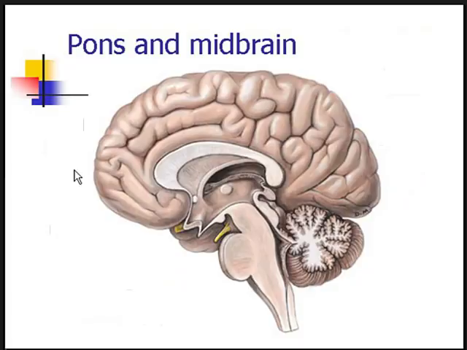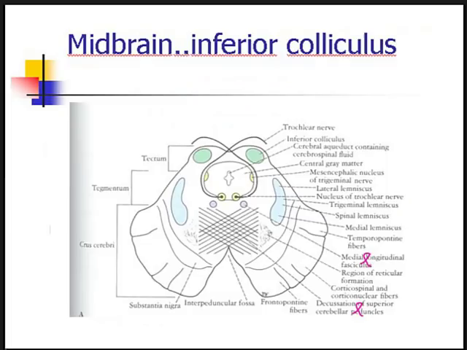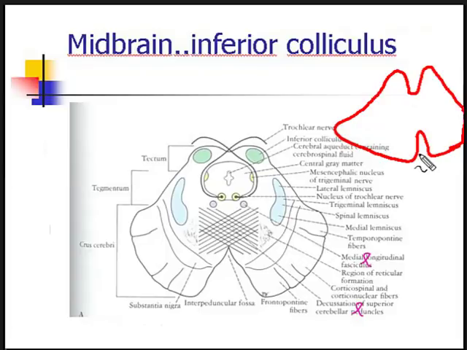So let's look at the first section of the midbrain, which is at the level of the inferior colliculus. And again, the midbrain, the section is very typical. The crus is broader, so that's why the anterior part is much broader like this. Goes out this way. And in between the crus, there's a little pit in between.